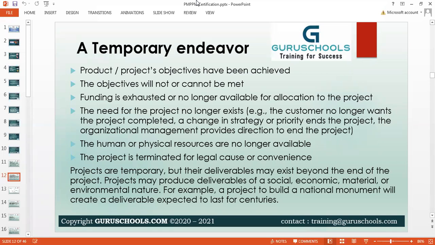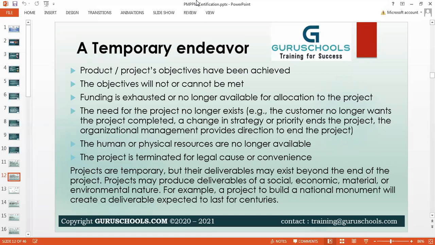The need of a project no longer exists. Let's say I'm trying to build Christmas hats, right? And trying to take them to the market. If I'm building these hats, I need to stitch them and send them to the market before 20th of December or 24th of December, or at least before 25th of December.